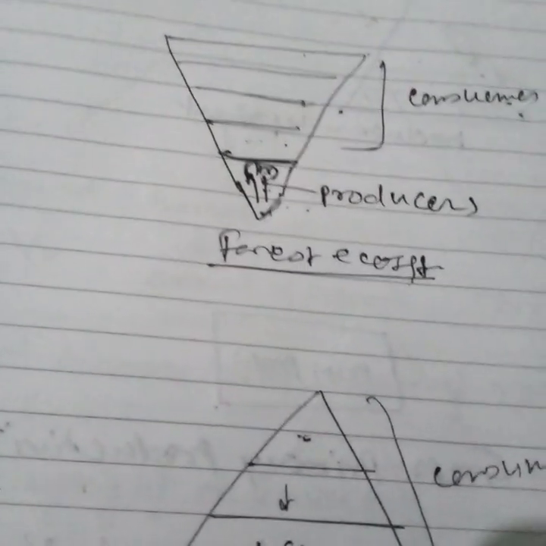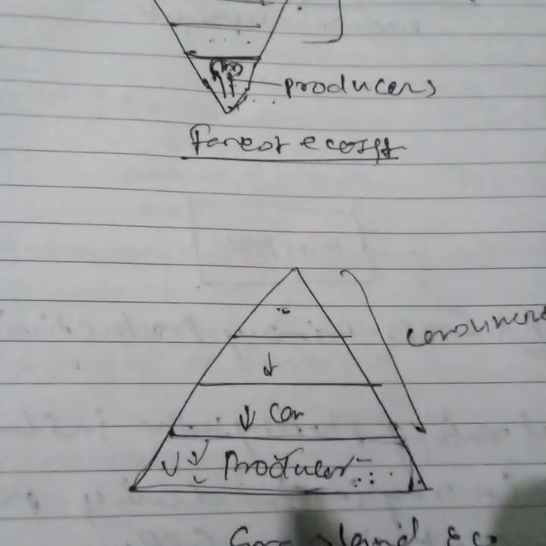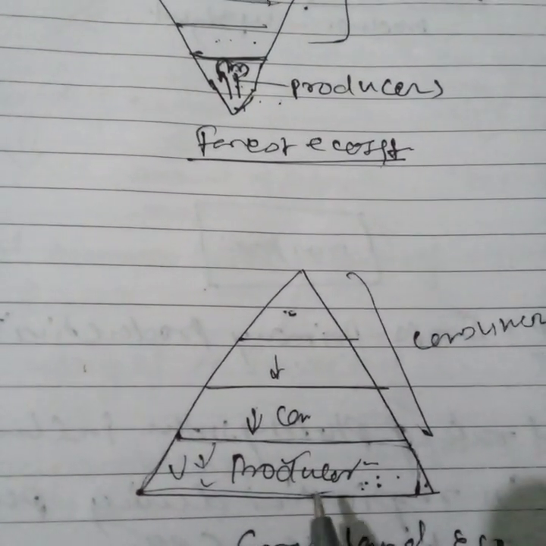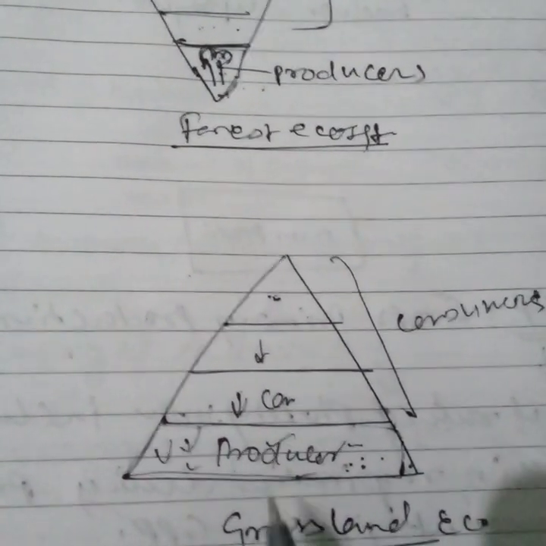In this you can see the length of the trophic level always shows the numbers, biomass, and energy content. Clear?